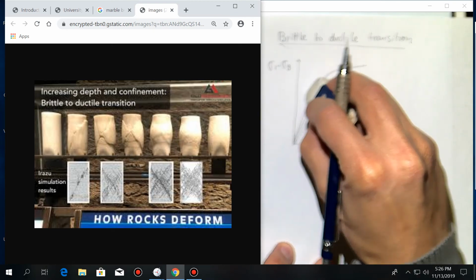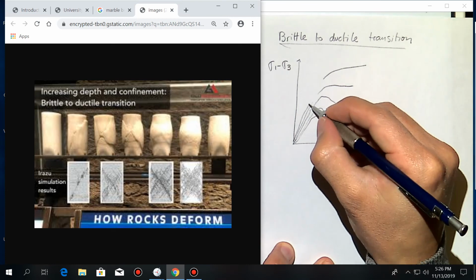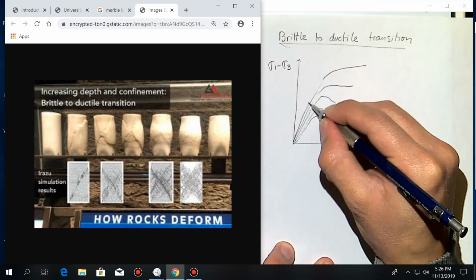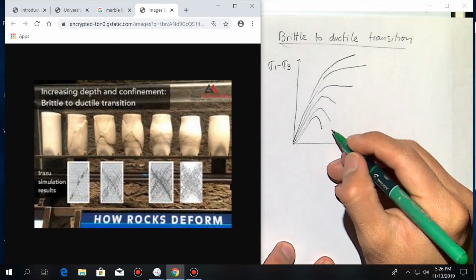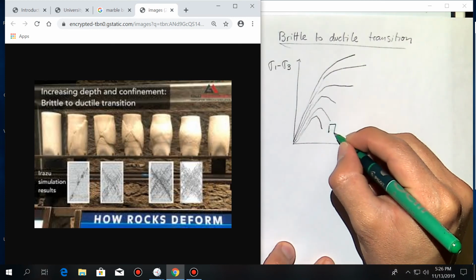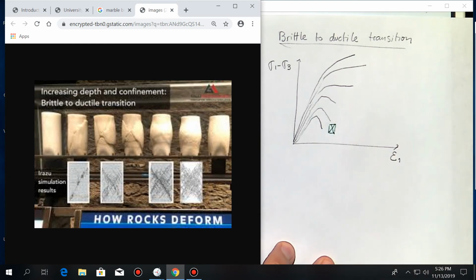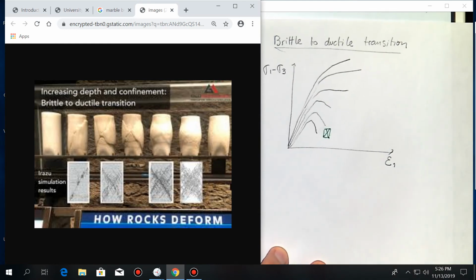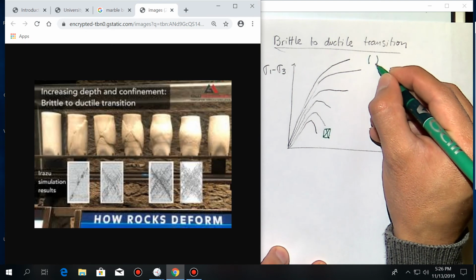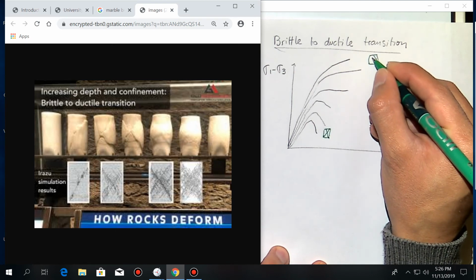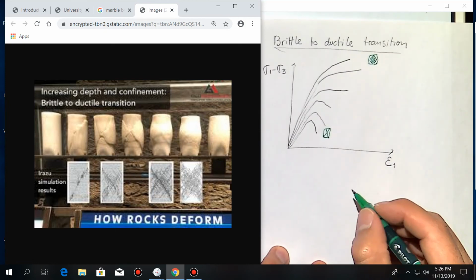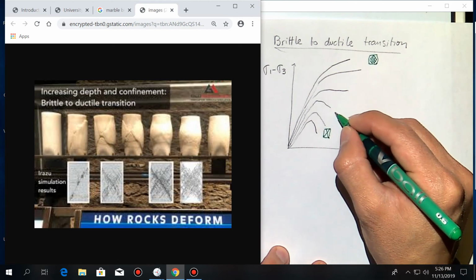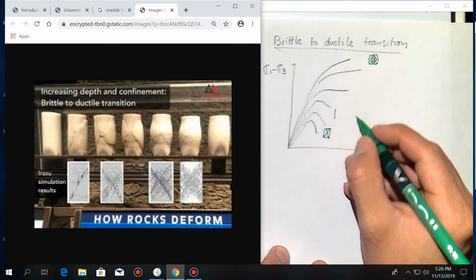So a material somewhere over here is the one that fails with very well-defined shear fractures. A material over here is a material that gets fatter and has distributed failure, and you can see the progression over there.